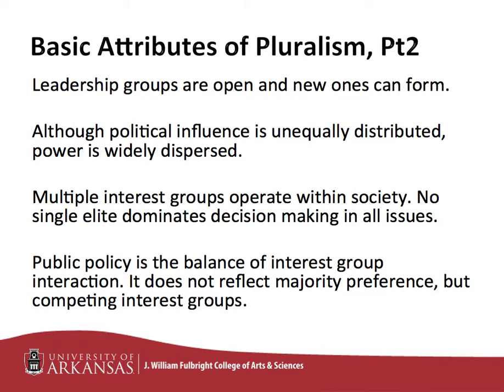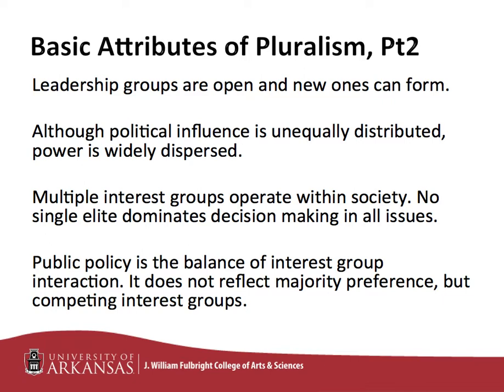So moving on with the basic attributes of pluralism, we see that these leadership groups or interest groups are open and new ones can form at any time. So while you have political influences unequally distributed, and certainly there are going to be groups that have substantially more political power, the power itself is widely dispersed, so there's no one winner or loser.